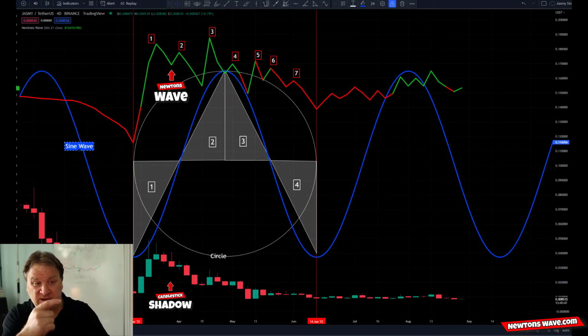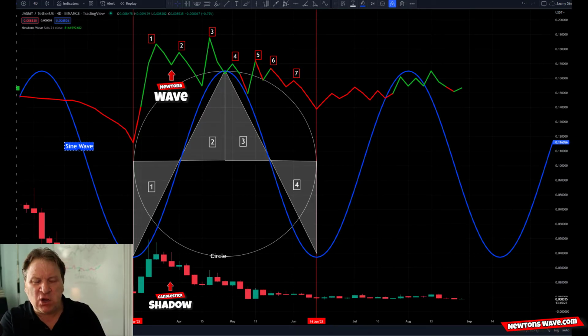Every movement is 7 peaks of a particular sine wave, which is absolutely amazing. It all comes to 28: 7 and 7 is 14, 14 and 14 is 28. But that is for another video. So we know by the peaks of Newton's wave, 1, 2, 3, 4, 5, 6, 7, that at the bottom of 7, a movement is finished.